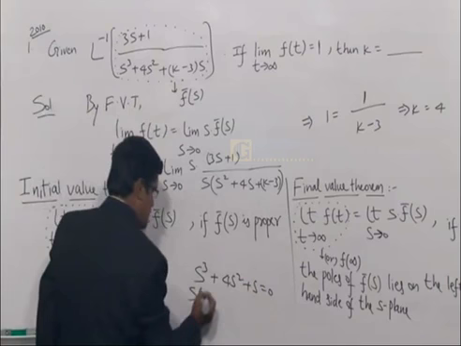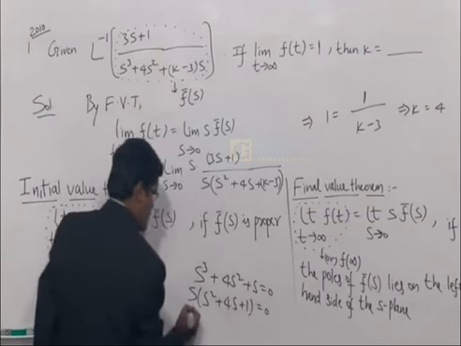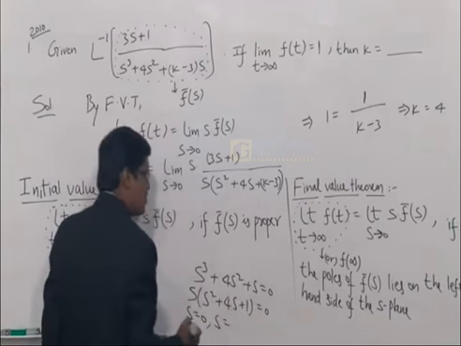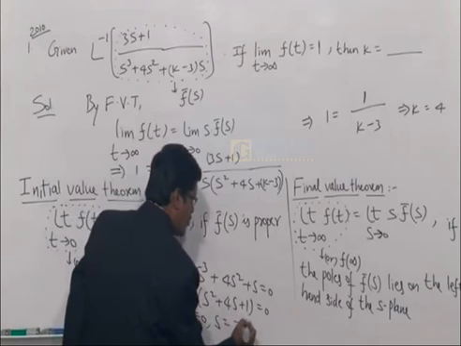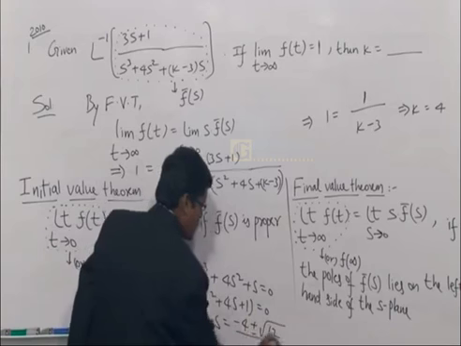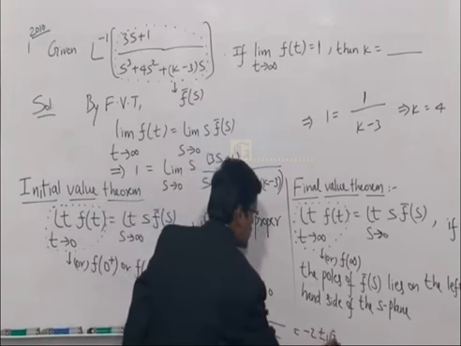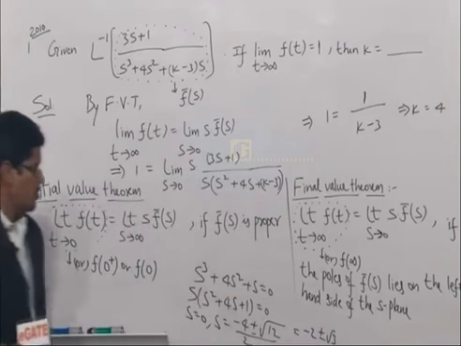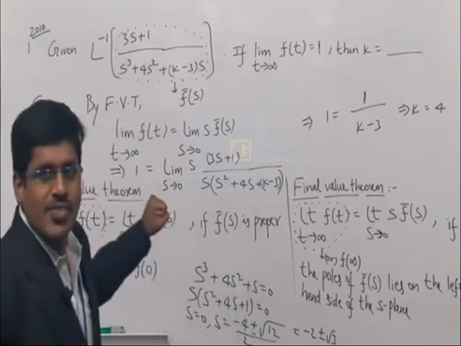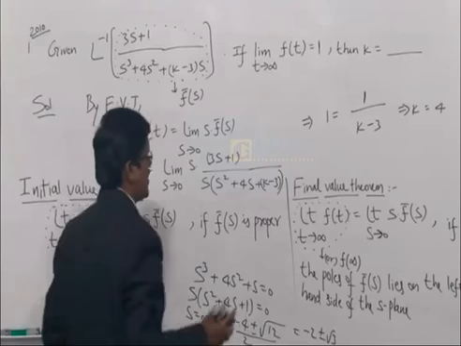Now s into (s square plus 4s plus 1) is equal to 0. So s is equal to 0, on the left hand side of the s plane. Other s values are obtained by the quadratic formula, minus 4 plus or minus root over (16 minus 4ac), 12 by 2a. So this simplifies to minus 2 plus or minus root 3. Minus 2 plus root 3 and minus 2 minus root 3 completely lie on the left hand side of the s plane. Here all s values are real numbers.